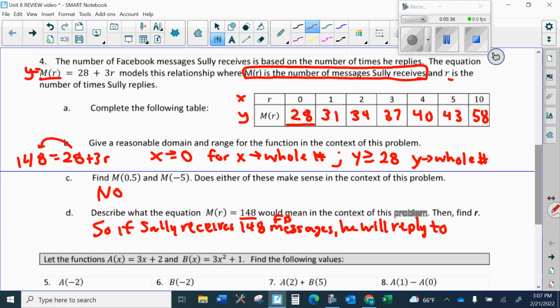Subtract the 28 across and get 120 equals 3R, and last step divide by 3, and you get 40. He will reply to 40 messages. Or you say he will reply 40 times.